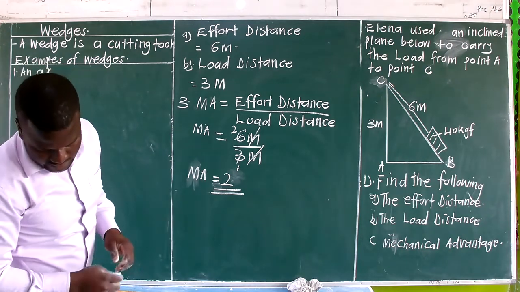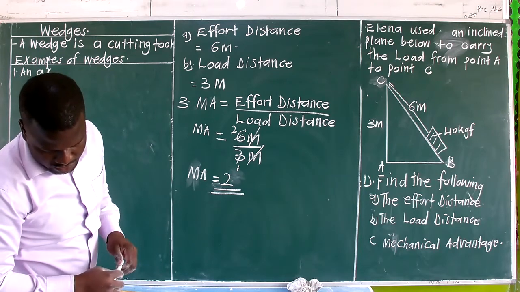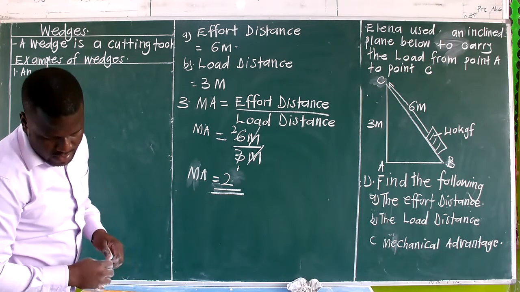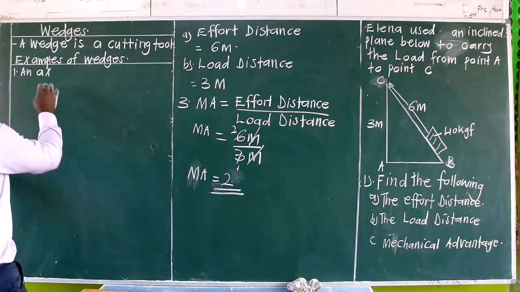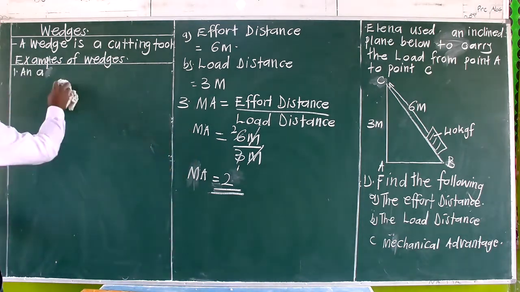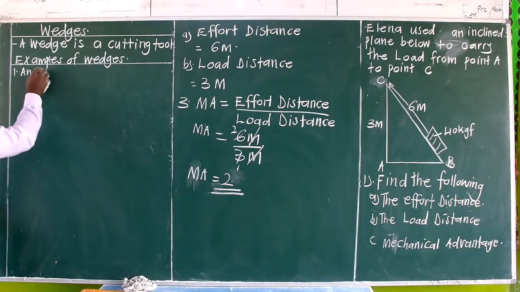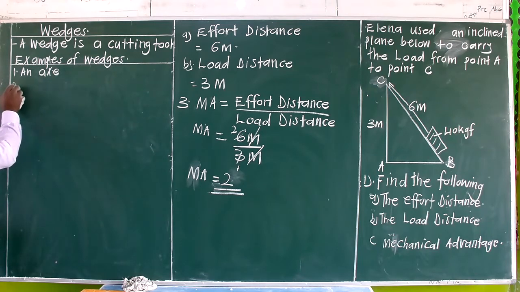An axe is an example of a wedge. Then a panga. We have a knife.